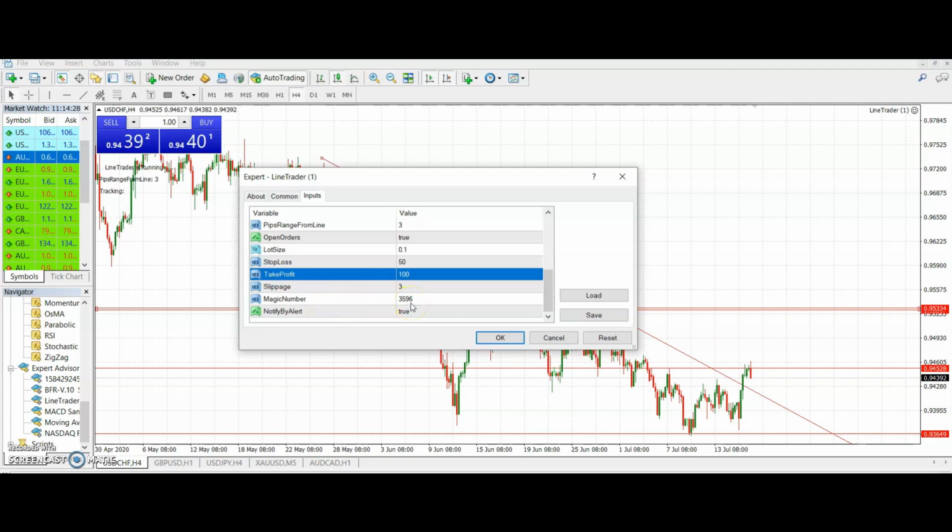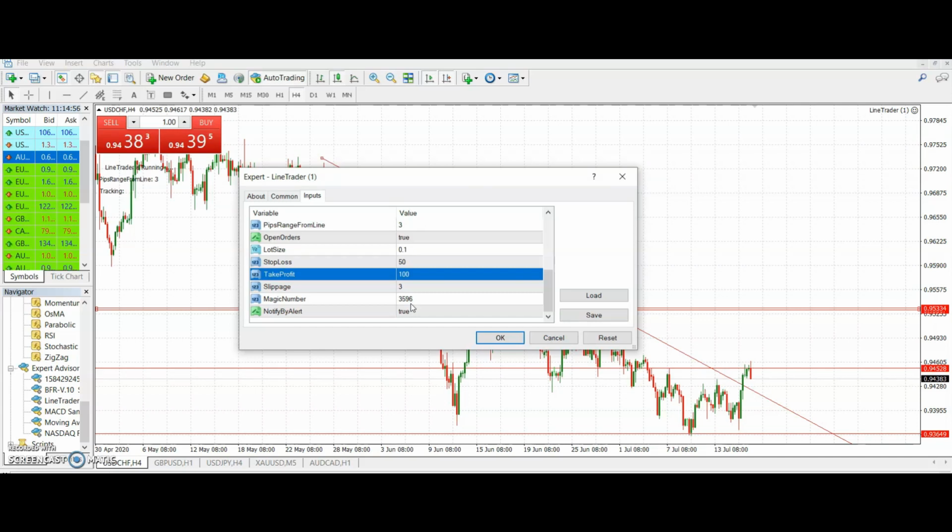Now, the magical number is important when you are tracking the same pair in different time frames. So if you're tracking different pairs, you don't have to worry about the magical number. But if you're tracking the same pair in different time frames, let's say for example you're tracking gold in 5-minute time frame, in 1 hour time frame, in 4 hour time frame, the magical numbers have to be different. It can be any number.